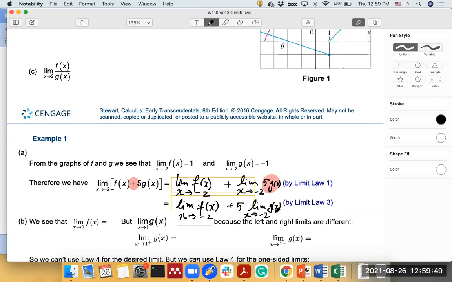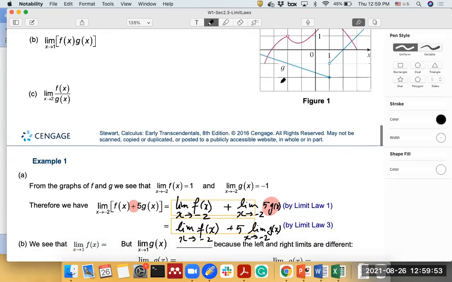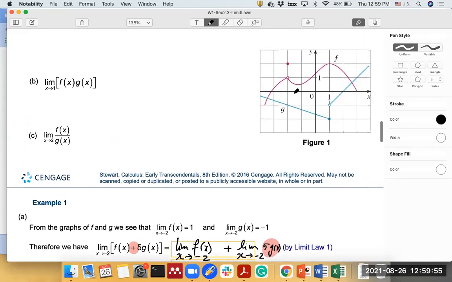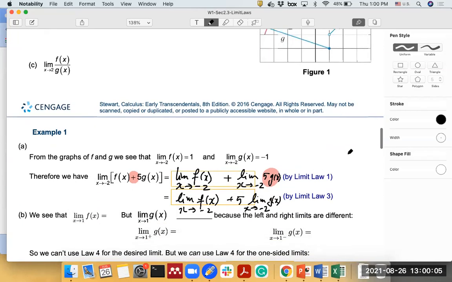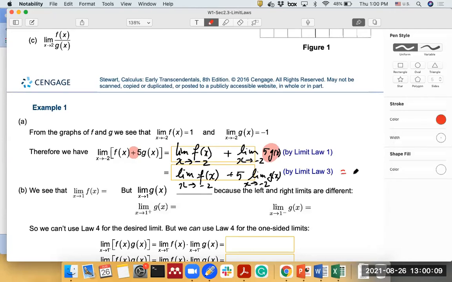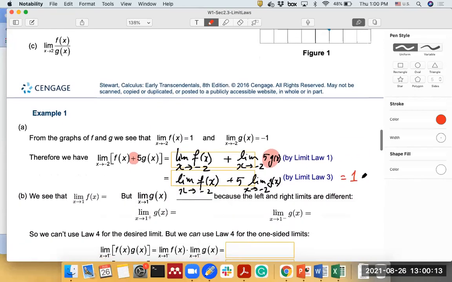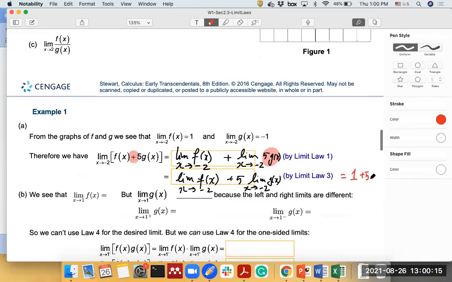Thank you. And then here, look at this. What is the limit as x approaches -2? Very good. -2 is right here, the limit. We can see from this value that it is 1, right? Then allow me to write it this way, 1, and the number 5 we just write again.